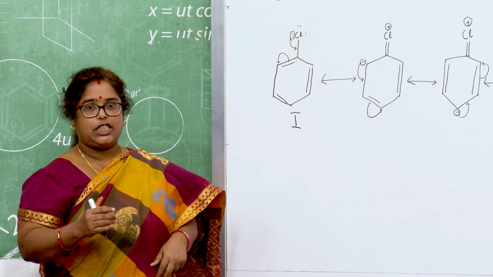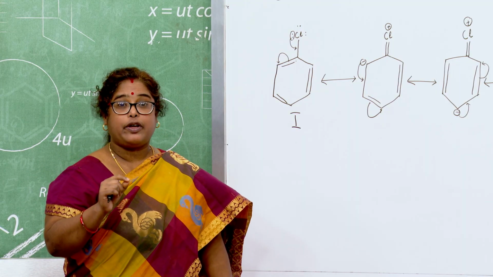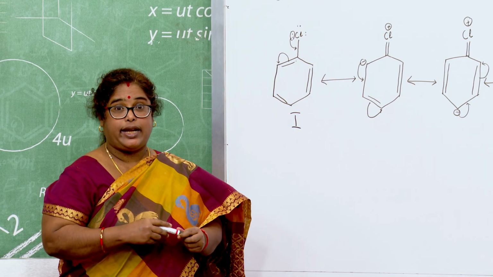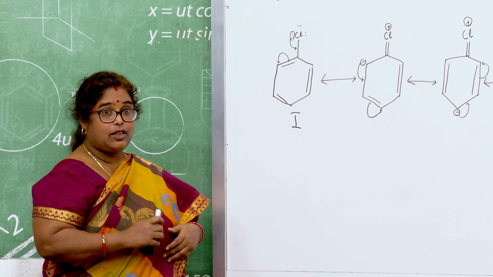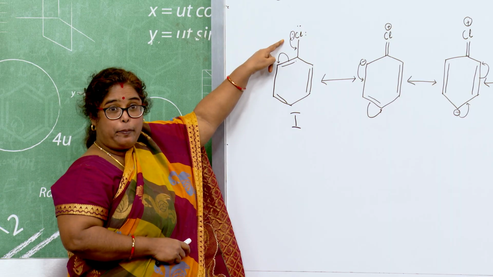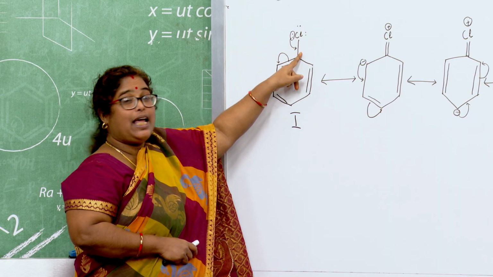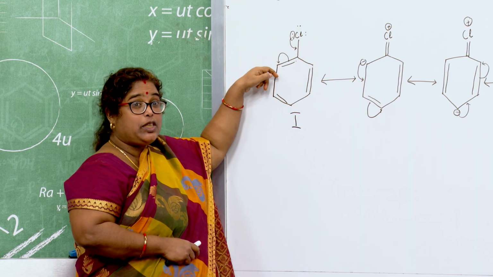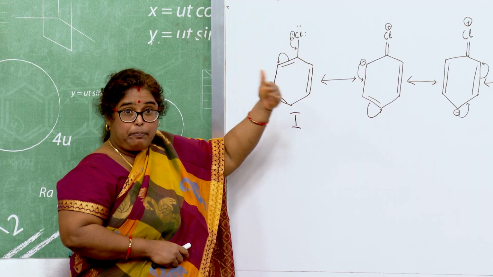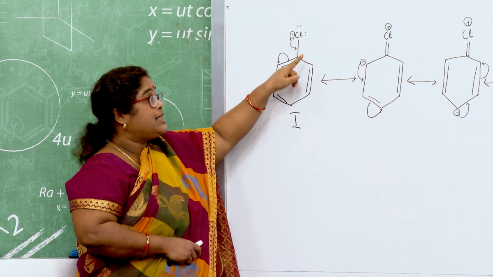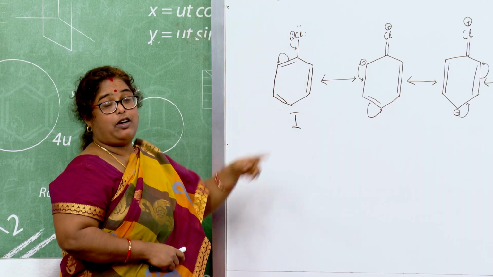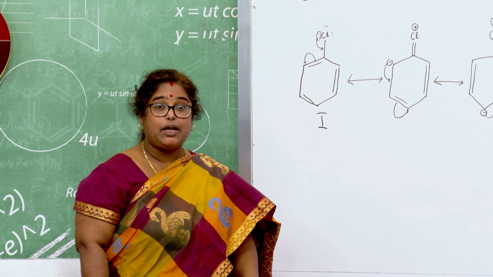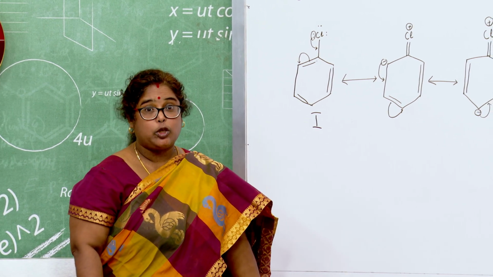In this situation, the condition of resonance occurs, because this concept is actually called conjugation. What is conjugation? If a lone pair, a single bond and a double bond are alternate to each other. Let me repeat: the lone pair, single bond, double bond, when they are alternate to each other, then the concept of conjugation comes into the picture.